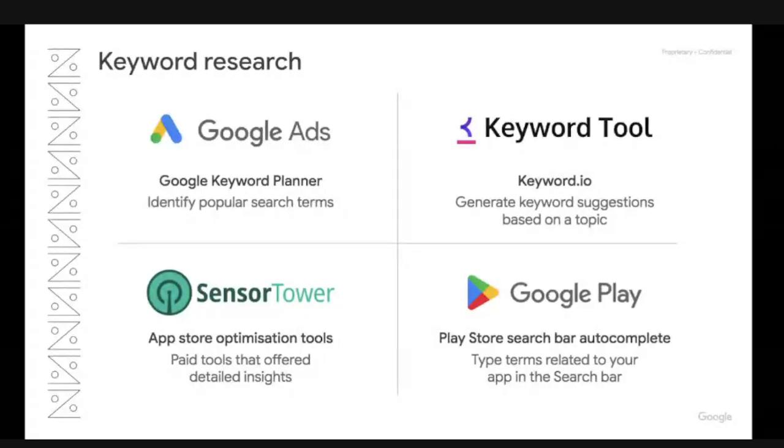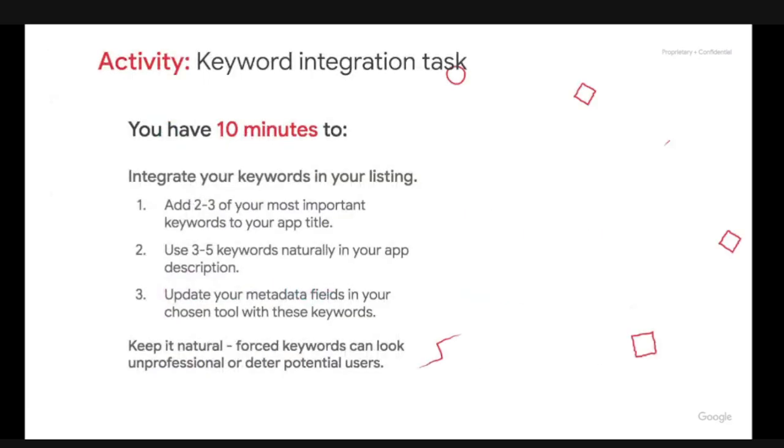But Google Play is really good because you type a few terms related to your app into the Google Play store search bar, and you will see different suggestions, which is important. The good thing is that you could also type a few terms relating to your competitors. Then you will see the keywords that they've used, which is important because you also want to know what others are doing and how you could better them.